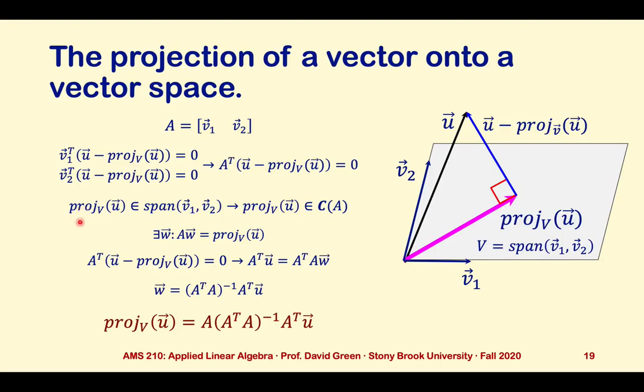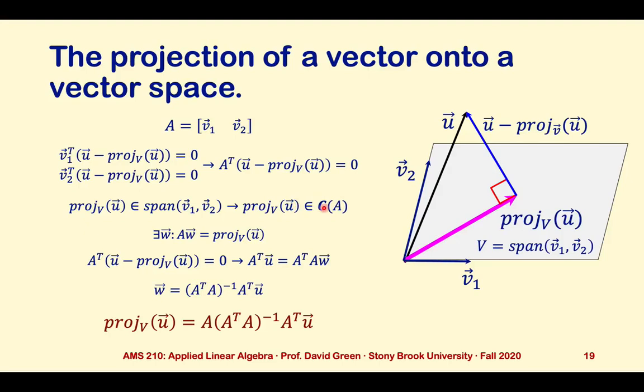The second piece we need is that the projection of U onto V has to be part of this vector space, part of the span of these. Well, by collecting these two vectors as columns of the matrix A, this linear span of V1, V2, is the column space of that matrix. So we can say that the projection, the piece that lies in V, must be part of the column space. Why is this helpful?